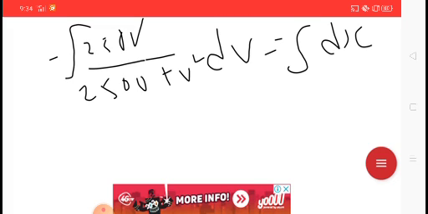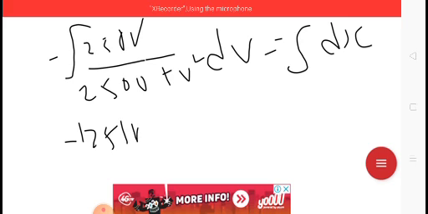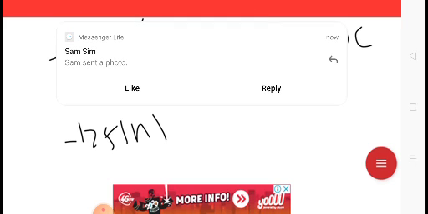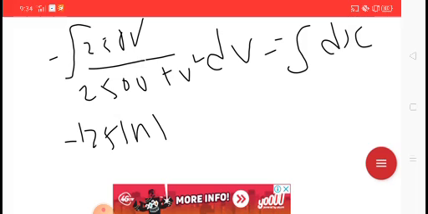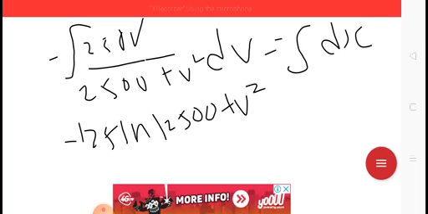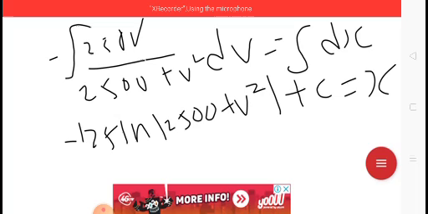So to integrate, you can apply ln because the differential of the lower part is equal to 2v. So above you should change to 2v. So you shift the 125 out, then you have 2v above. ln of 2500 plus v squared, plus c. Then on the other side you only have x, right?